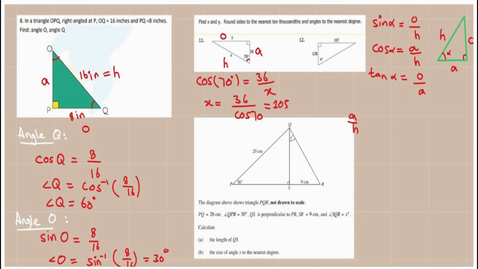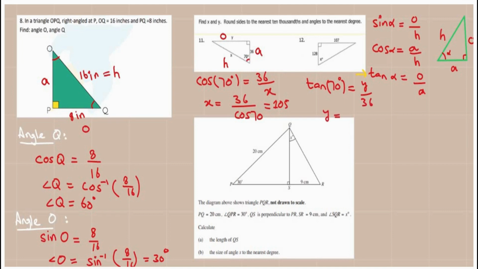And for a similar question, if we have to find y, which is the opposite side, with the adjacent given, the ratio of opposite over adjacent, you can see from the formula, is tan. So let's take the tan and write everything. Tan of 70 degrees will be equal to opposite, which is y, divided by this adjacent, which is 36.